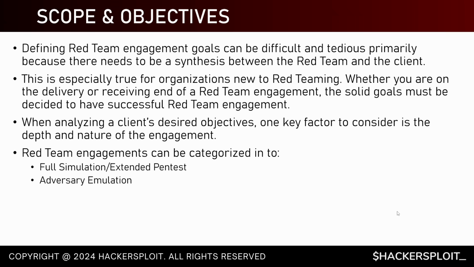Now, what that means is, firstly, the client needs to communicate what their ultimate objectives are. So why are they hiring you to perform the Red Team operation? What that means is, what do they want to know? Whenever you're performing a pen test or a Red Team operation or any security assessment of any kind, what you're selling to the client is the report, and the report needs to answer questions.